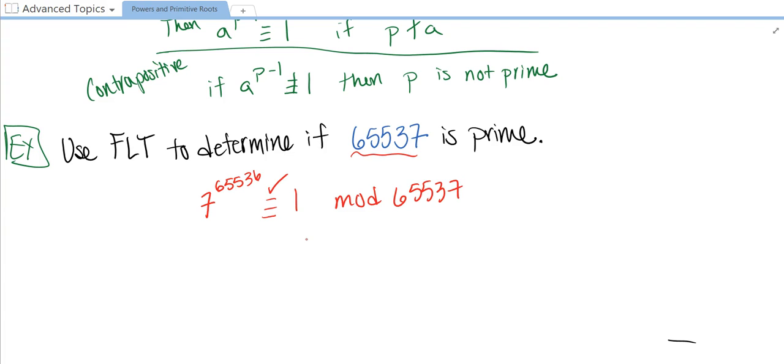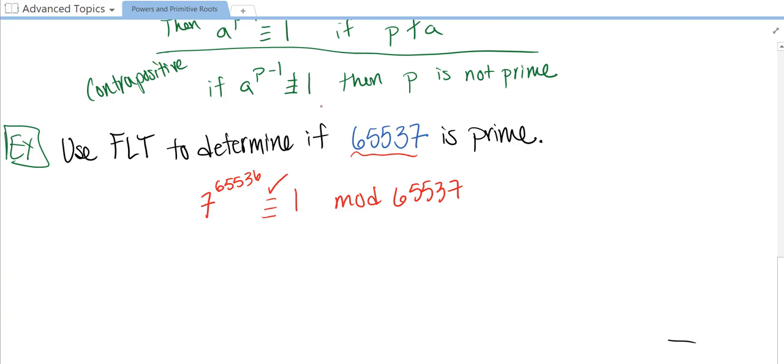If I don't get this condition, then I'm thinking the contrapositive, and I would say p is generally not prime if this doesn't work out.